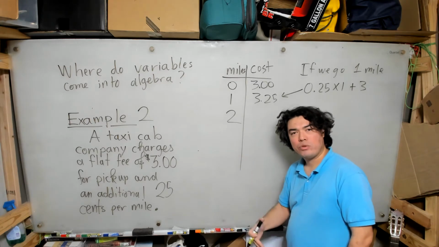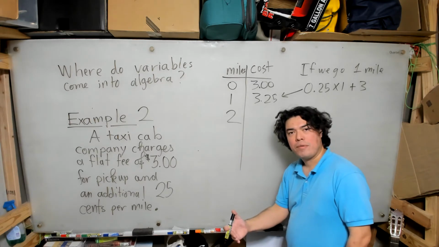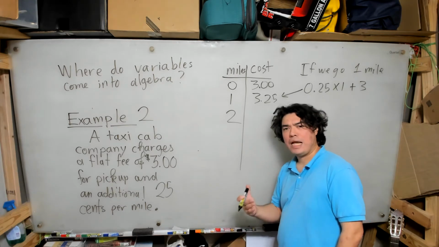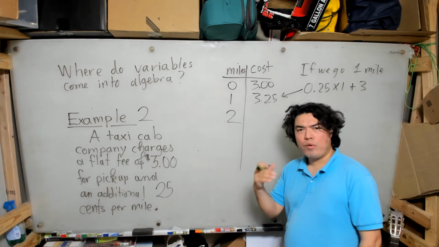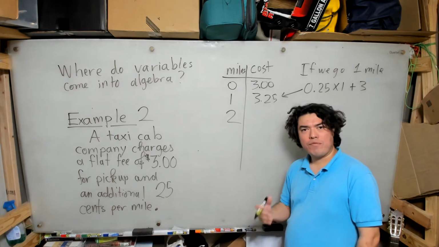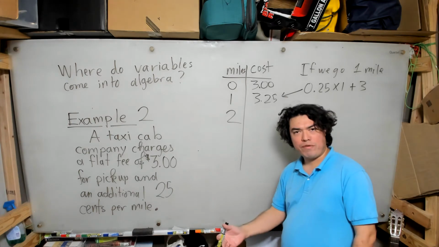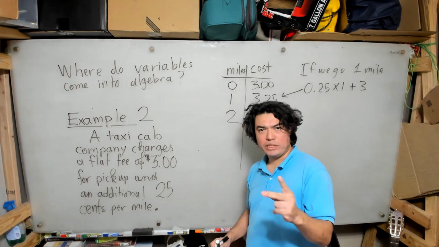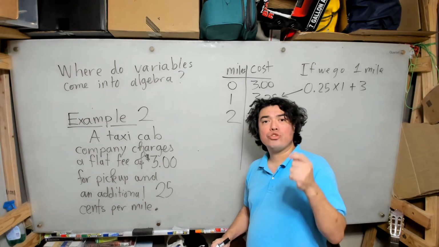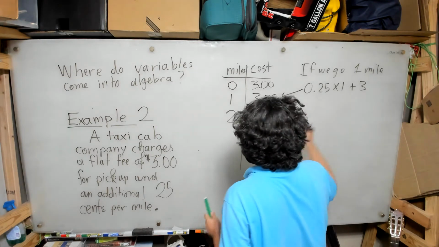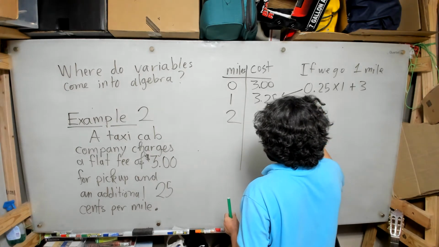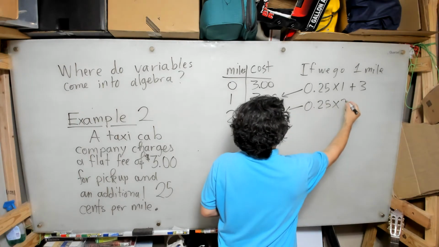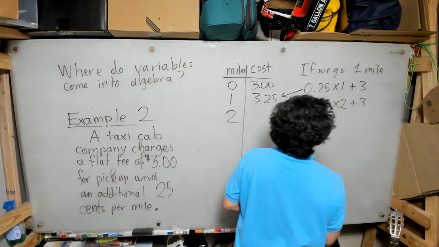So it's going to be 0.25 plus 0.25, and then plus the $3 flat fee. And so, again, we remember repeated addition, right? If we have 0.25 plus 0.25, we're adding the 0.25 twice with itself. That means that it's 2 times 0.25. So in other words, this line here will be 0.25 times 2 plus 3.